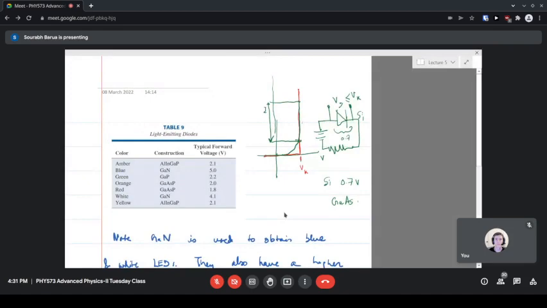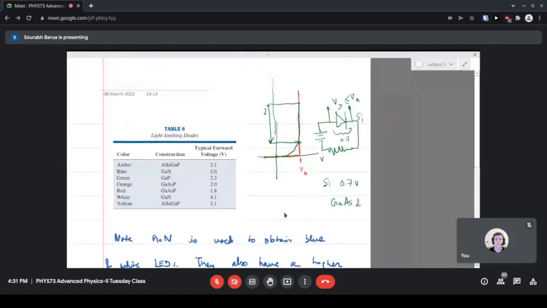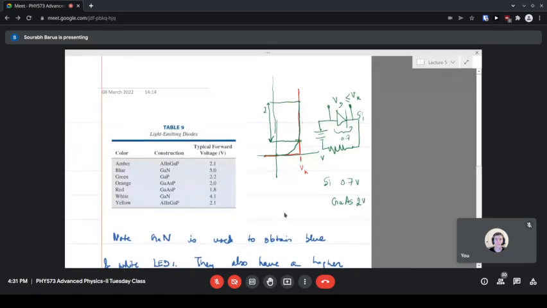In that case, the knee voltage will be say 2 volts. And if it is given to you that it is gallium nitride, or it is a blue or white LED, then the knee voltage will be around 4 to 5 volts. So you can remember that the knee voltage for blue and white LEDs is about 4 to 5 volts.